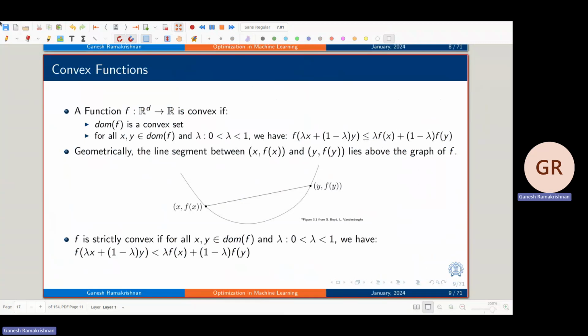And why is domain required to be convex? Because we are going to consider all kinds of convex combinations of points in the domain. And for every such convex combination of points in the domain, we need that the function evaluated at that convex combination should be less than equal to the convex combination of the function values of those 2 points. Simple English, plain English.